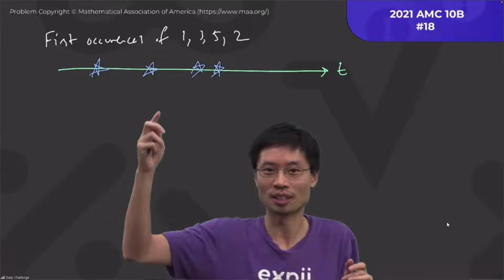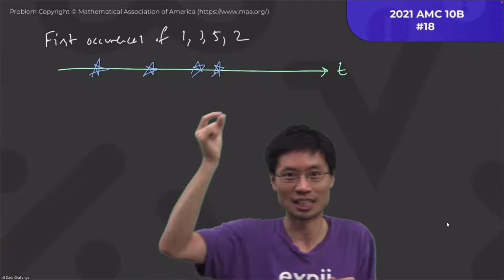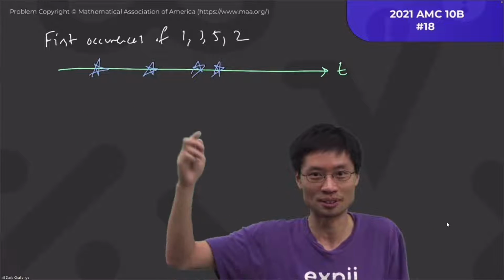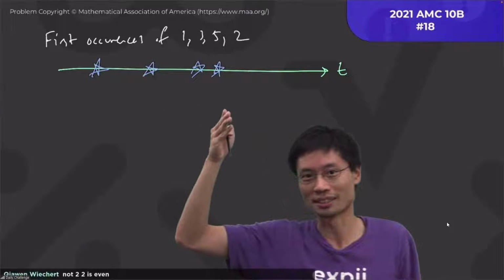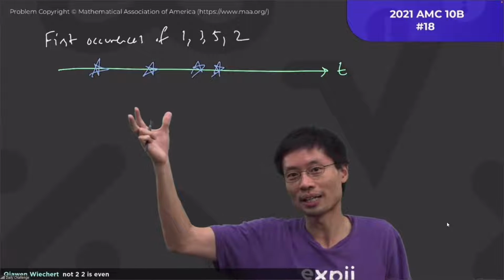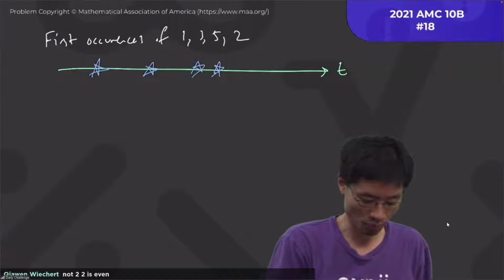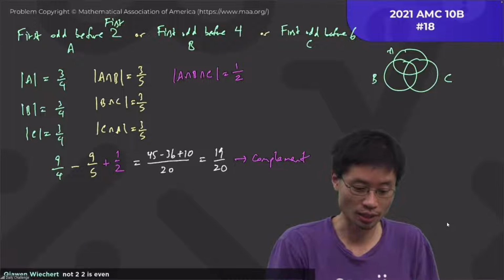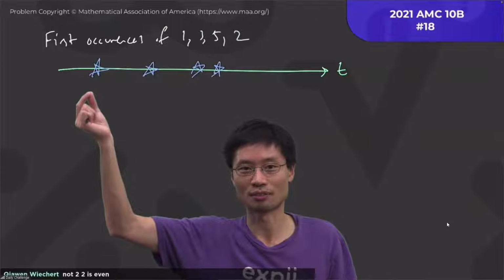Which one of them is, that's where 1 appeared first. That's where 3 appeared first. That's where 2 appeared first. That's where 5 appeared first. Those are all equal chance of distributing among these 4 spots. And what's the only way that the first odd appears before the first 2? Well, that's just looking at the very first term.